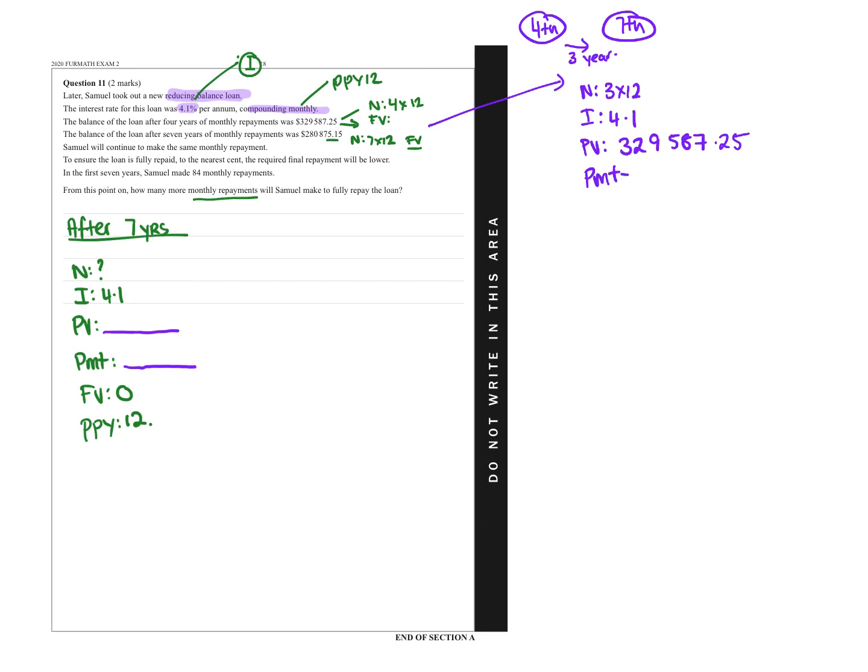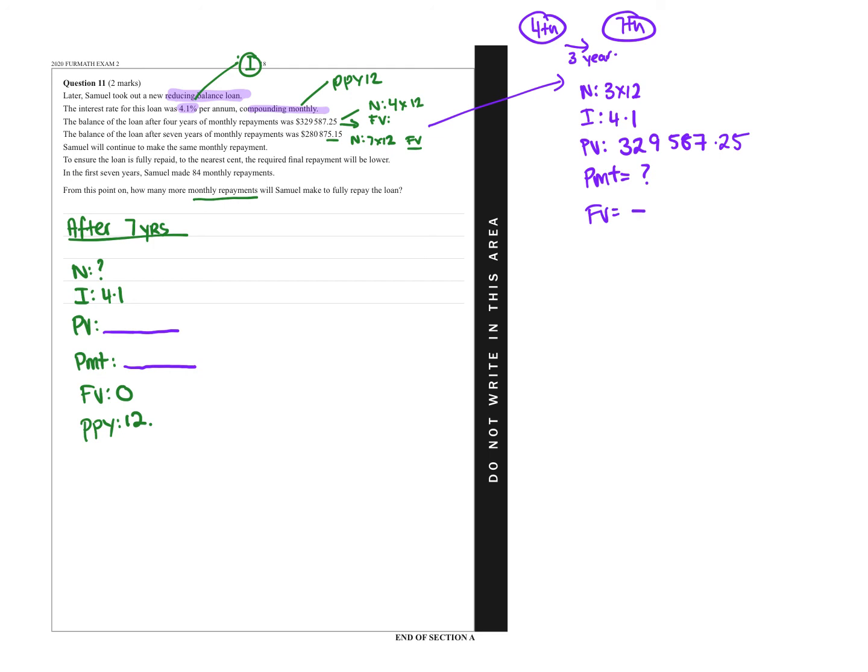Now, payment, this is where I might be able to find out a payment. So here's where I'm going to find one missing piece of data. And then we'd have FV, and I'm going to say that's at the end of the 7 years.